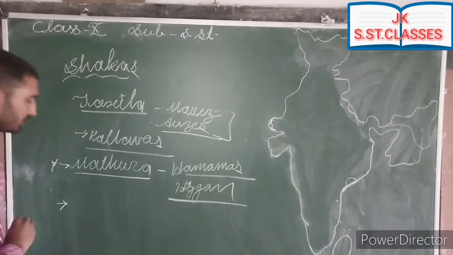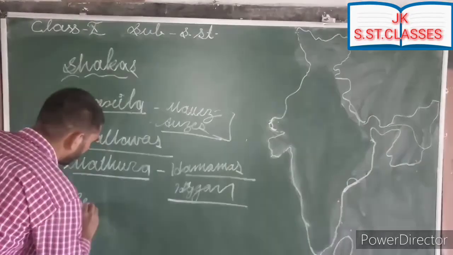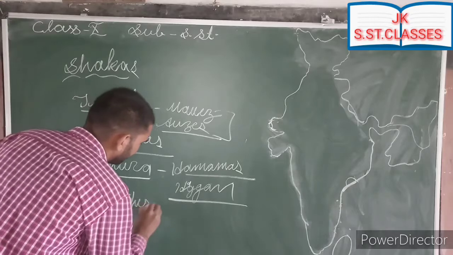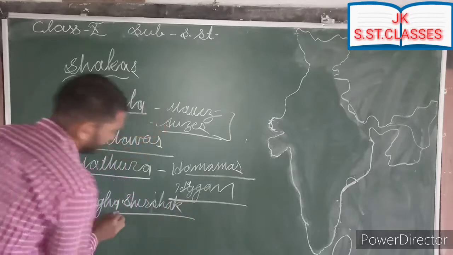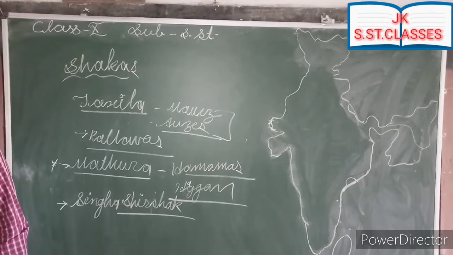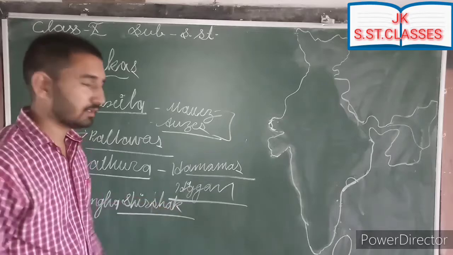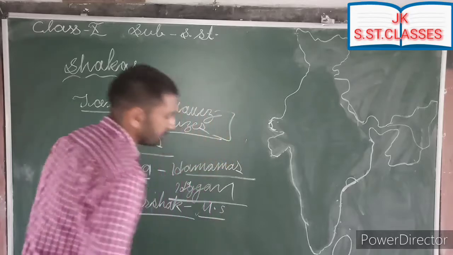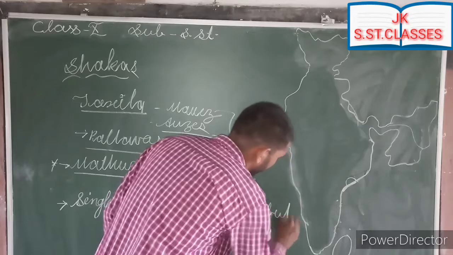After that, on the basis of the Singh Shirshak rock edict, we can see that the later Shak ruler was referred to as Mahakshatrap. The later Shak ruler in this dynasty was Rajuvul.